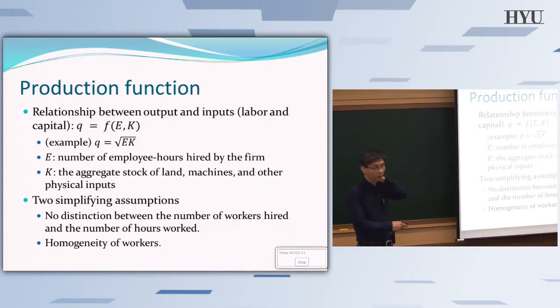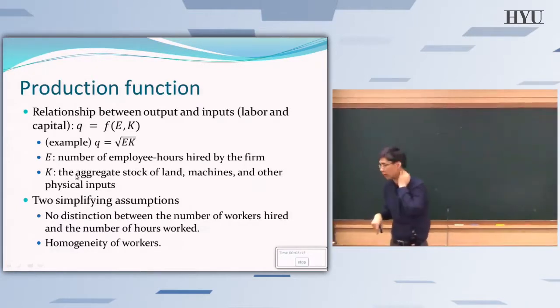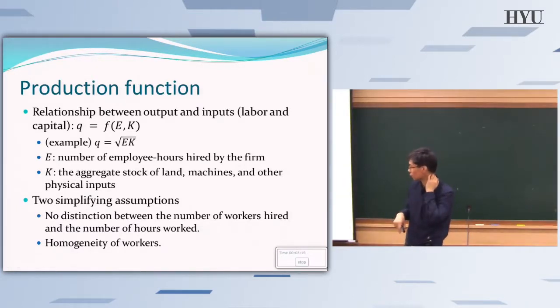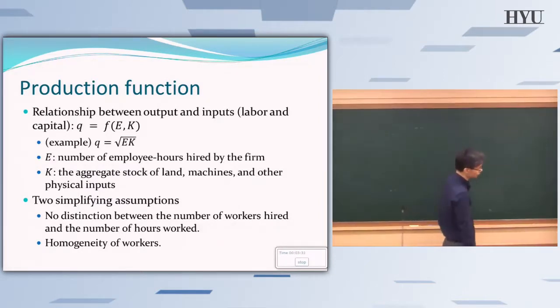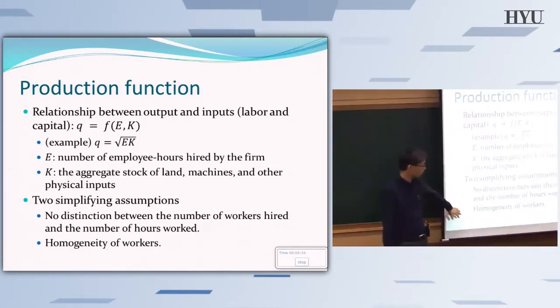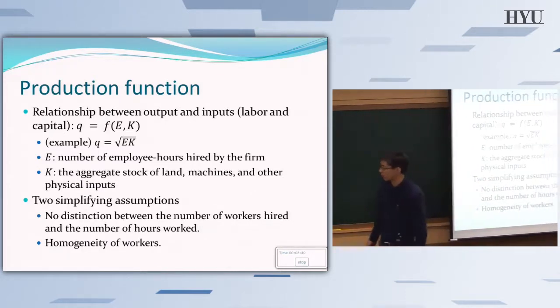What we are interested in is the number of hours times number of workers. We will make a distinction later. And then we assume that all the workers are homogeneous, anonymous in a sense that they're basically identical to the employers.